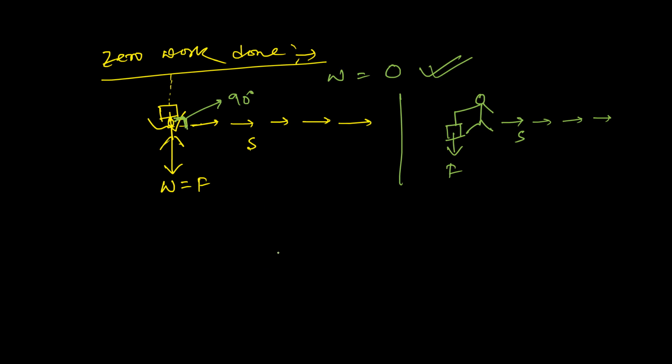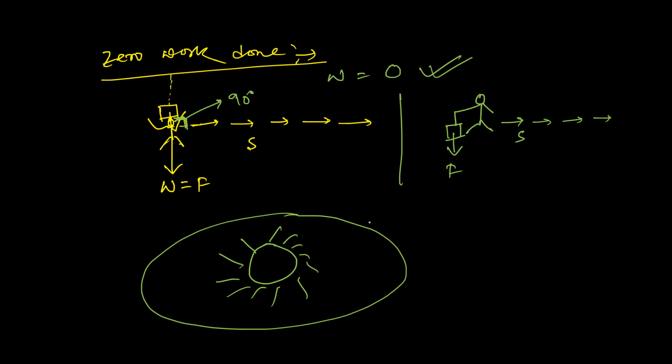Even if I take an example of the planetary motion of our Earth, this is our sun, right? And there is the orbit of our Earth. As we know, the Earth is moving in a particular orbit around the sun. So obviously some centripetal force is responsible for that, and here the centripetal force is the gravitational force applied on the earth by the sun, right?